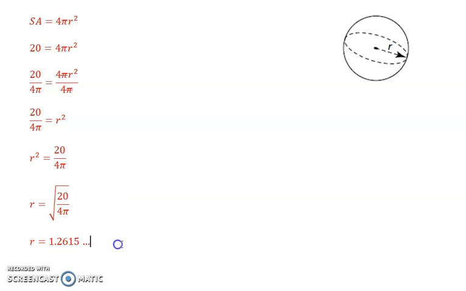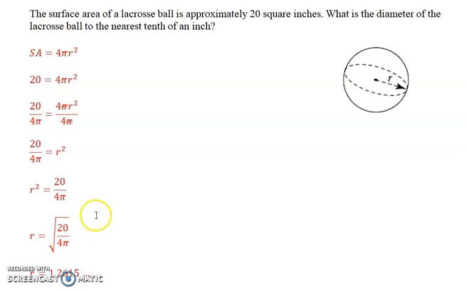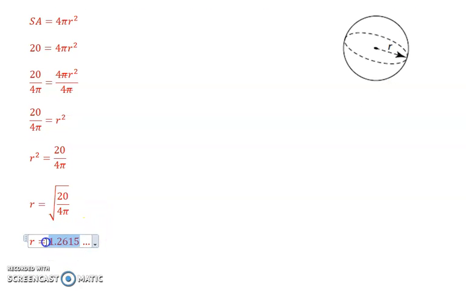It says to the nearest tenth of an inch, so the 6 is going to round the 2 up. Like I mentioned before, the 6 rounds the 2 up to a 3, and it is simply in inches, because it was inches squared.